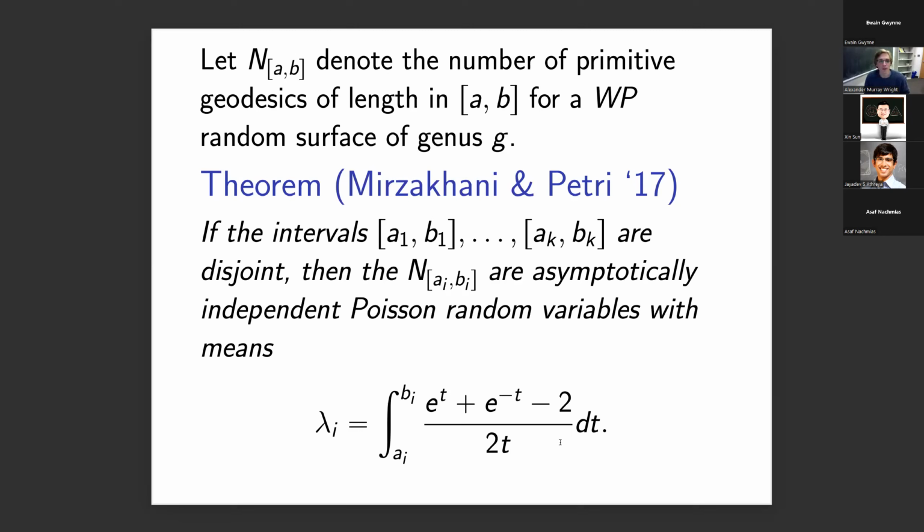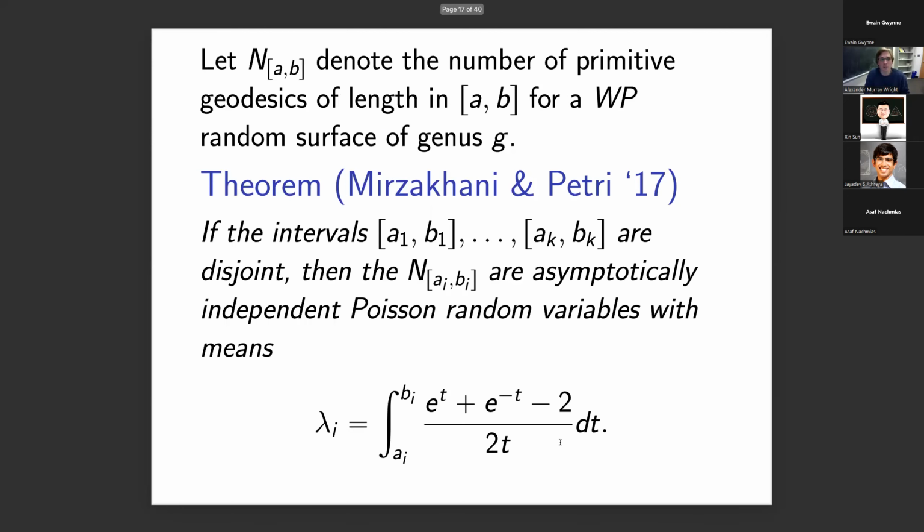But for me, the starting point was this theorem of Mirzakhani and Petri. And the work I'm going to talk about, I view as a generalization, as an extension of their work. Even though, as I said, there are many ways to get to the same point of being interested in the sort of questions I've been interested in.